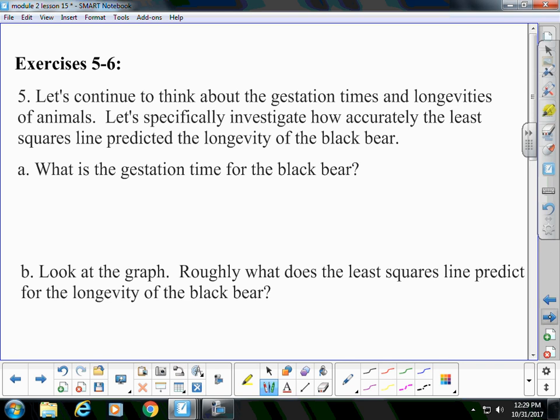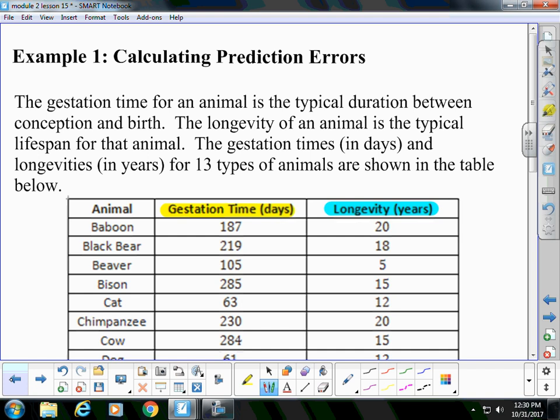Okay, let's continue to think about the gestation time and the longevity of the animals. Let's specifically investigate how accurate the least squares line predicts the longevity of the black bear. It says, what is the gestation time for the black bear? So let's go back and look that up on the table.